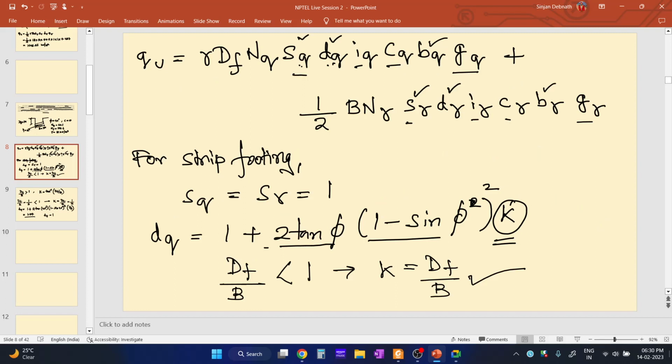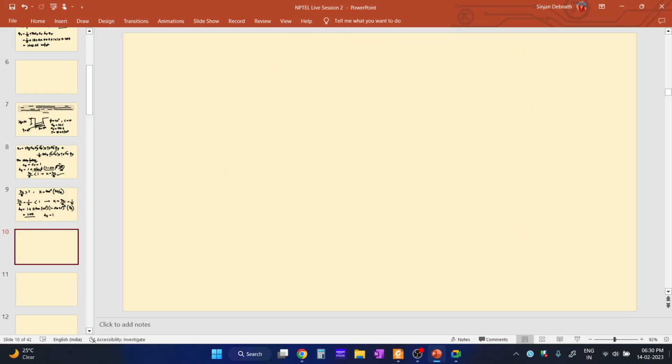We have sq, we have dq, we have s gamma, d gamma, but we don't have bq, the tilt base factor. So we need to find out the tilt base factor, that is bq and b gamma.